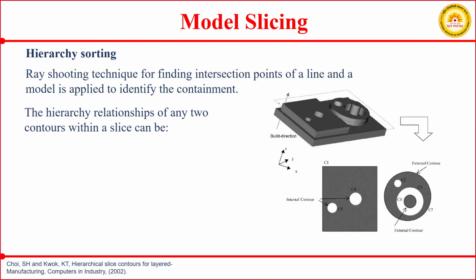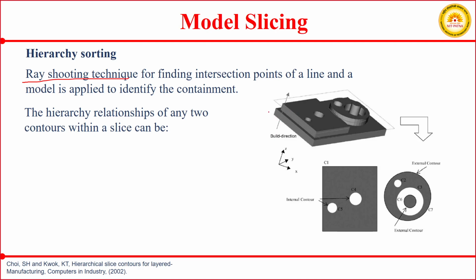Because we know the build direction, we use the ray shooting technique. That is, we will try to visualize this object in a layer by layer fashion when we are viewing from the direction of build direction.